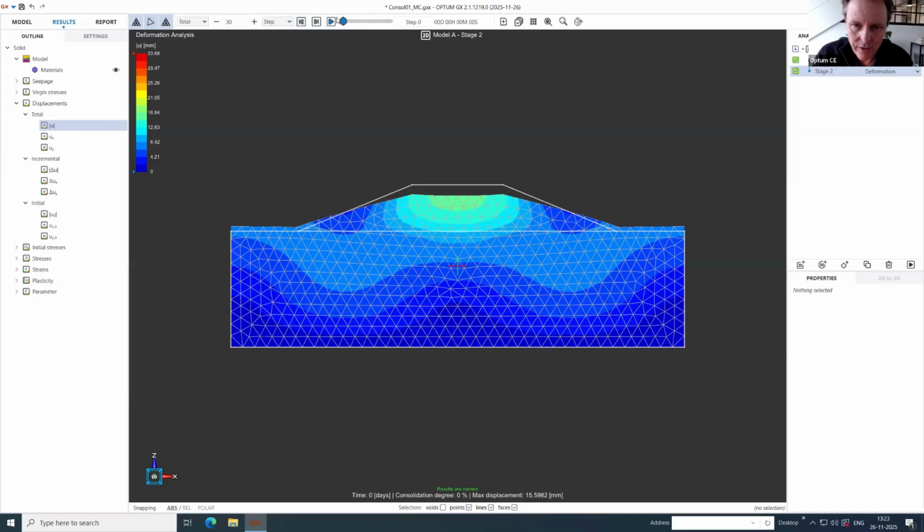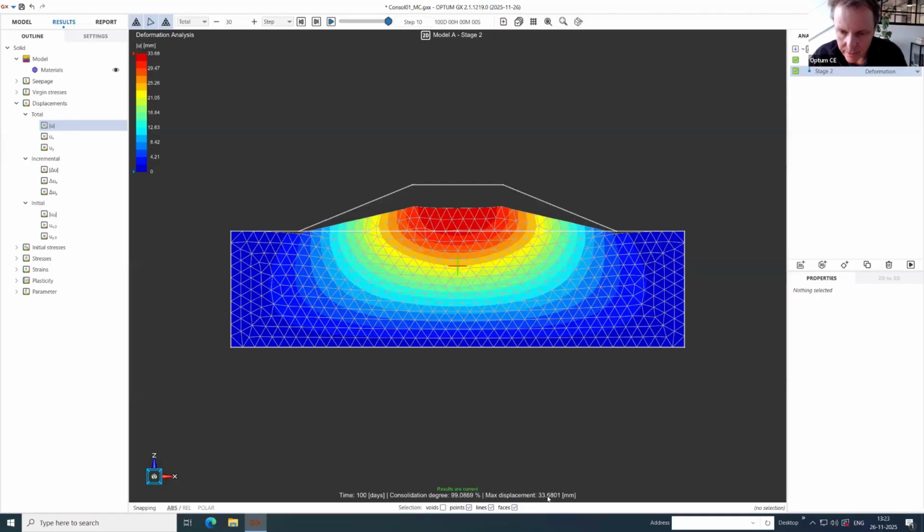And you see that already at step 0 you have some deformations. Those are the initial short-term deformations that you get immediately when you apply the load. That's 15 millimeters, and then after 100 days, you're up to about twice that.